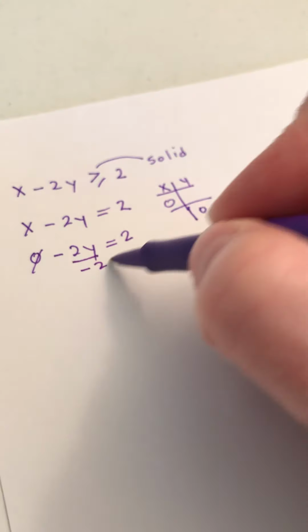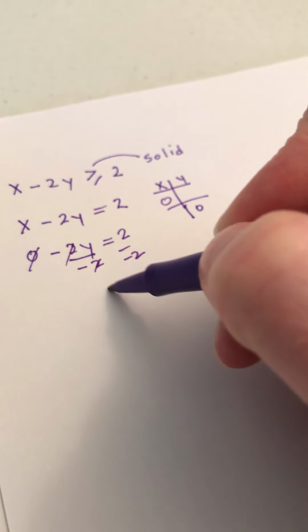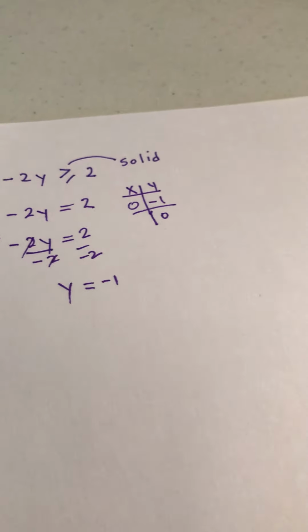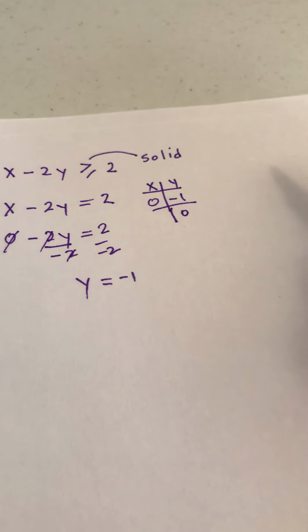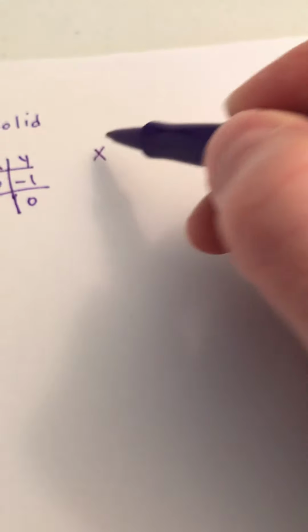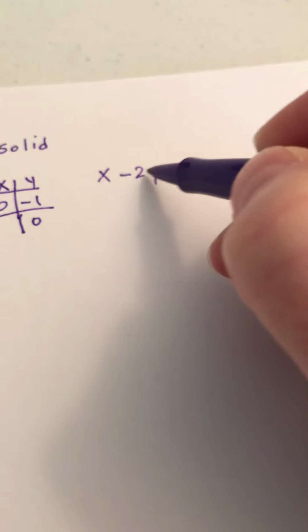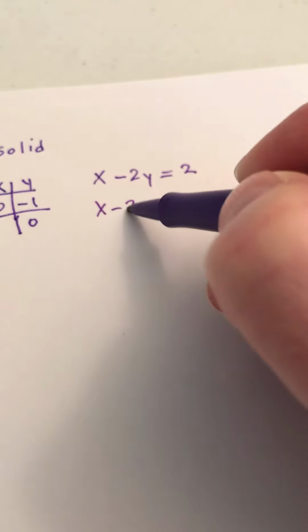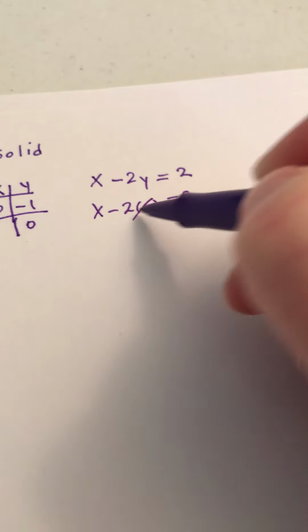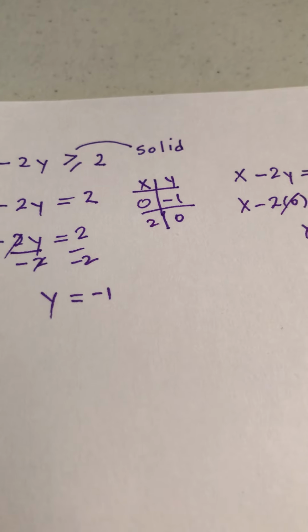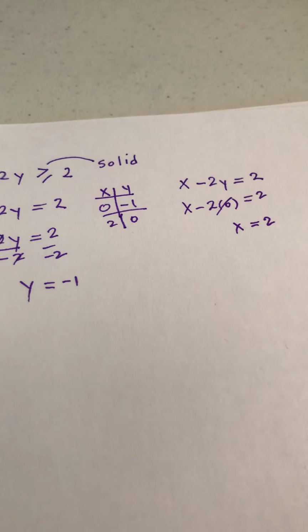Divide both sides by -2, and you get y is equal to -1. So there's your y-intercept. Now I'm going to start over with my x minus 2y equal to 2. I'm going to substitute 0 in for y, and I get x is equal to 2. There we go. Those are my two intercepts.